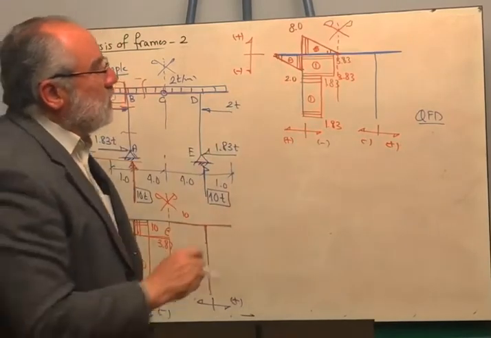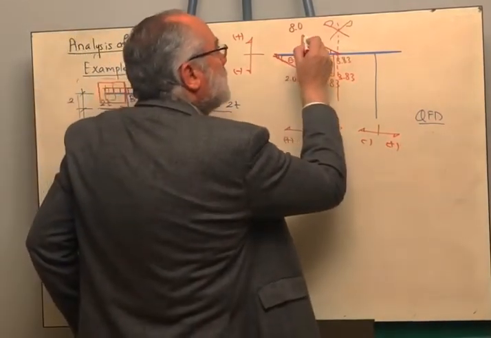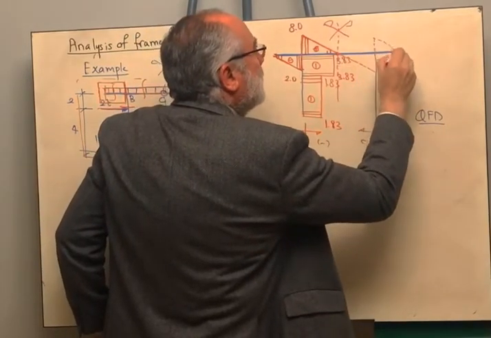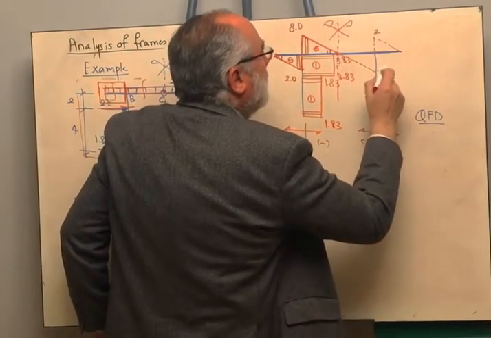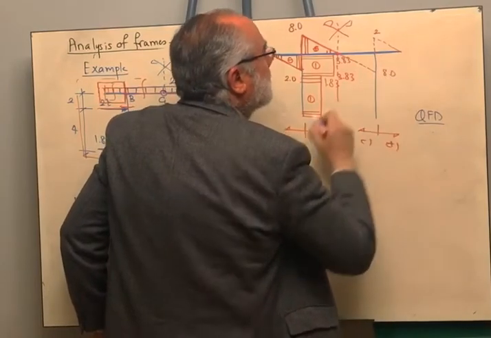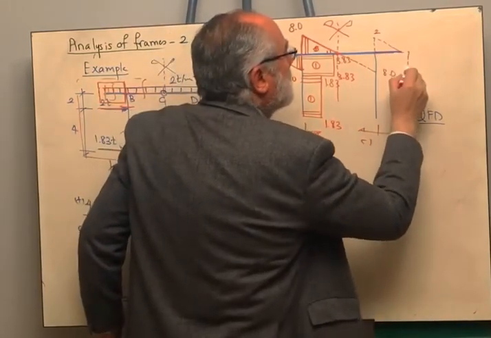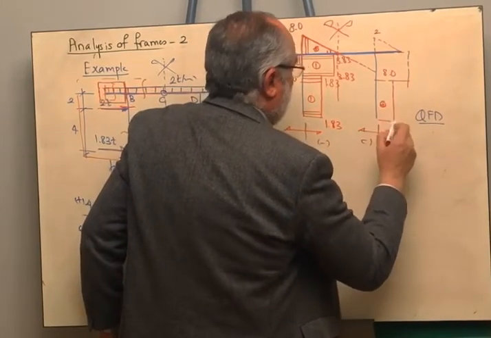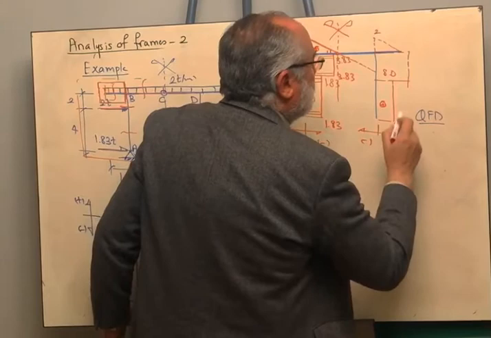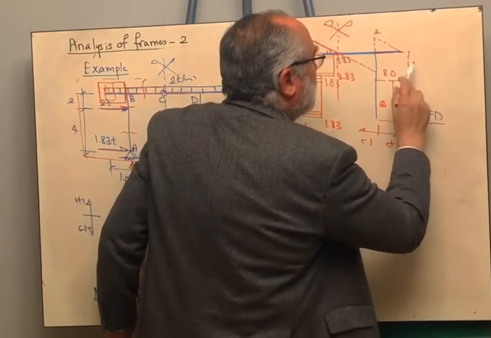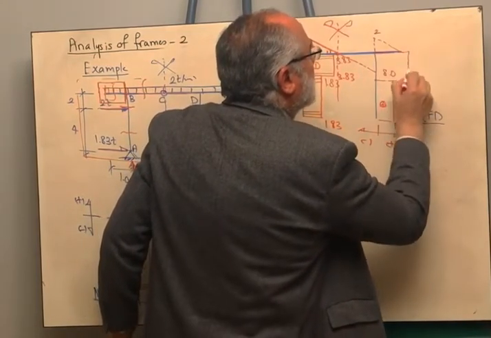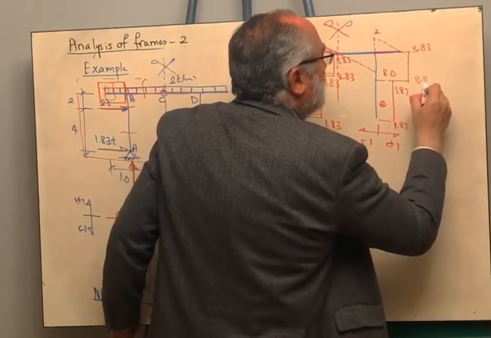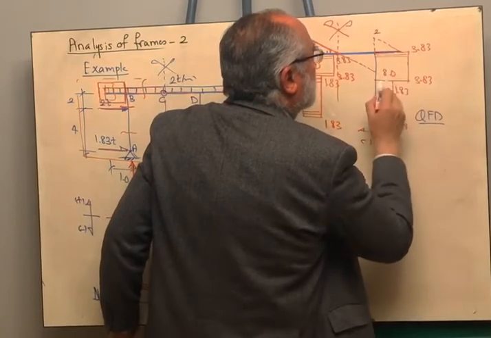What does this mean? It means that when you complete the shear diagram, it will be like this, and it will be like that. This is 2, and this is 8, and here we are having positive 1.83 and 1.83, and here this is 3.83 and 3.83.